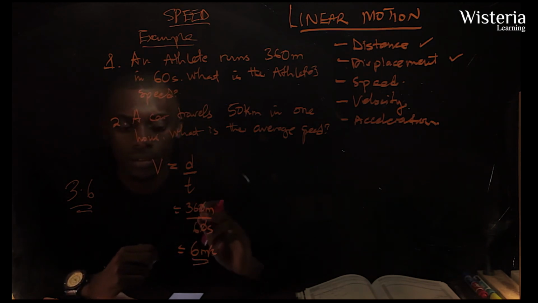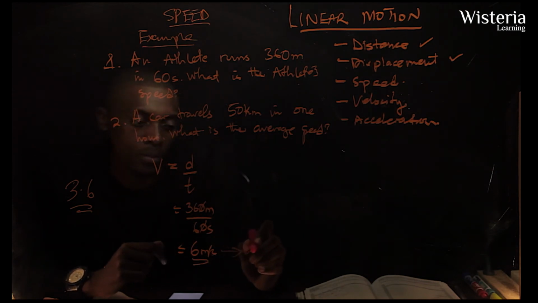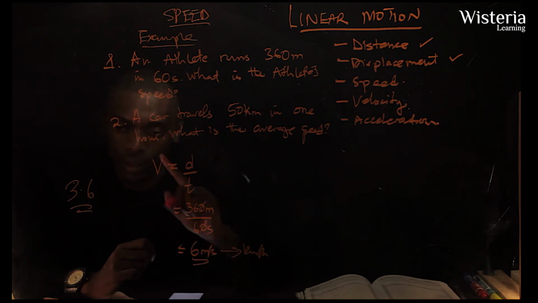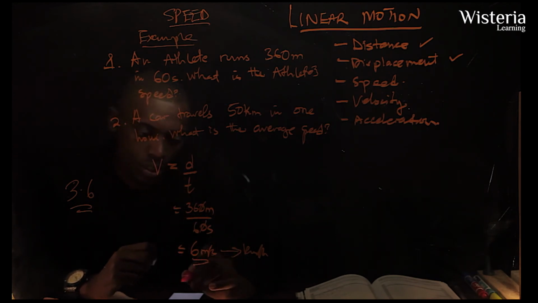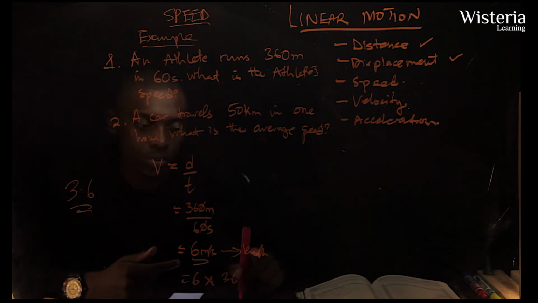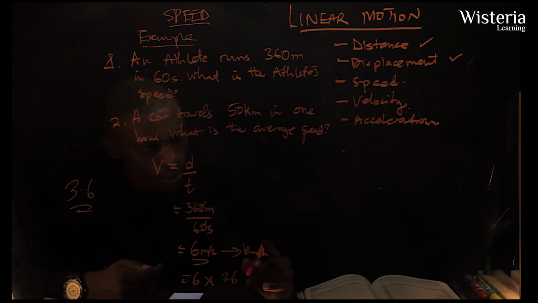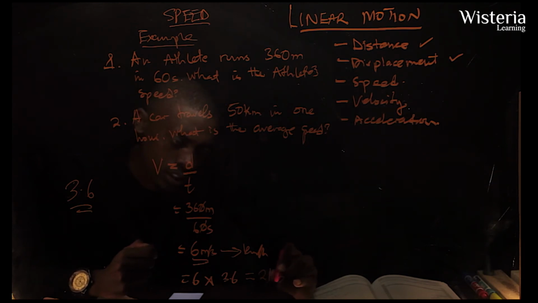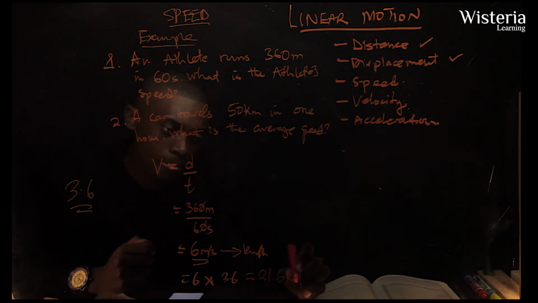So in the case where we are given meter per second and we want to convert to kilometer per hour, we multiply the value by the converting factor. Therefore, we'll say 6 times 3.6, and we get our answer to equal 21.6 kilometers per hour.